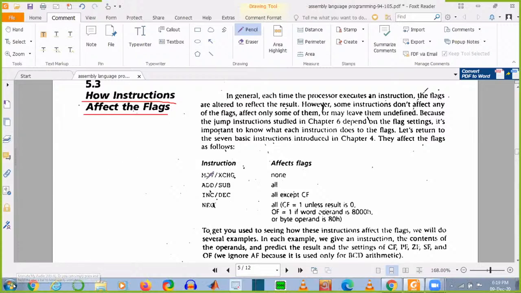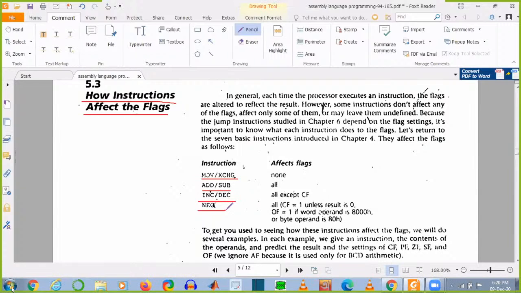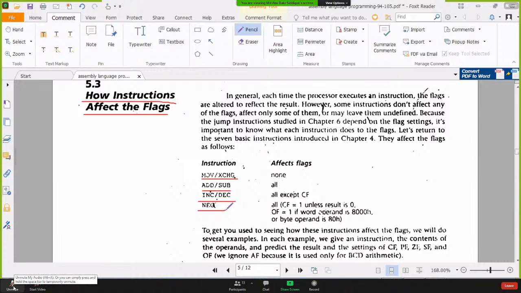Those are move or exchange, add or sub, increment or decrement, and neg operation. These are the seven instructions we already discussed in chapter 4. Now in chapter 5, what are the effects of those instructions on the flag register? That is what we are going to discuss here.